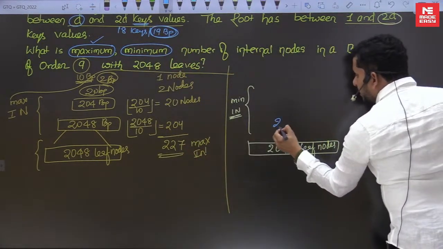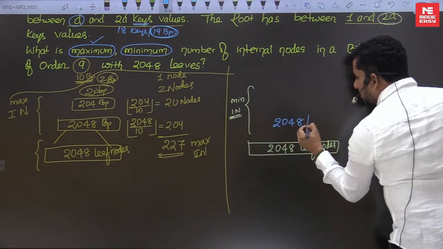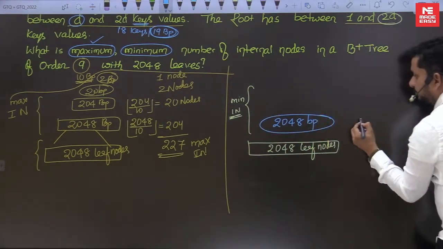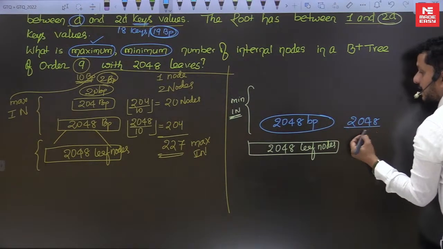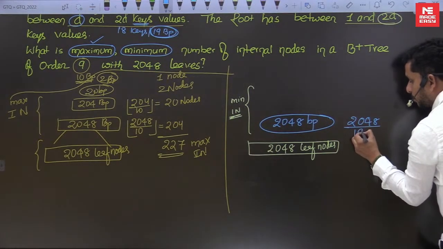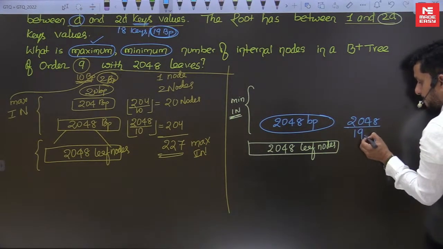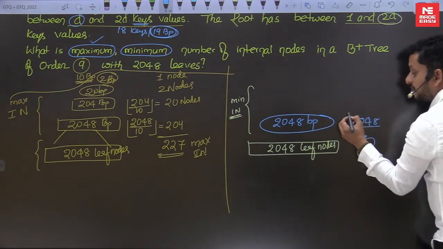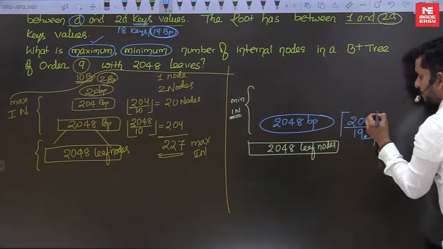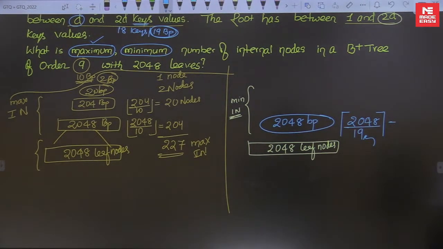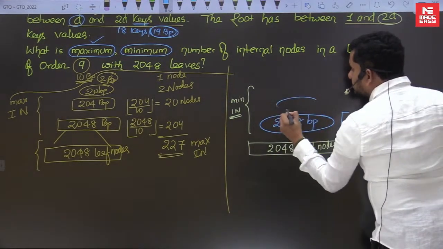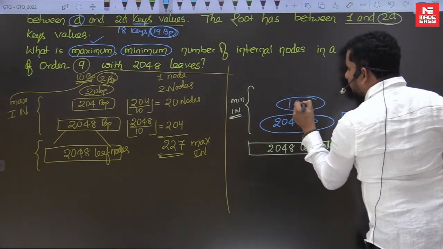So we need 2048 block pointers. Each node can hold at most 19 block pointers, because we are considering the maximum filling factor of the node. You should take the ceil value for this. So 2048 divided by 19, the calculated value, is 108. At the previous level, 108 block pointers.